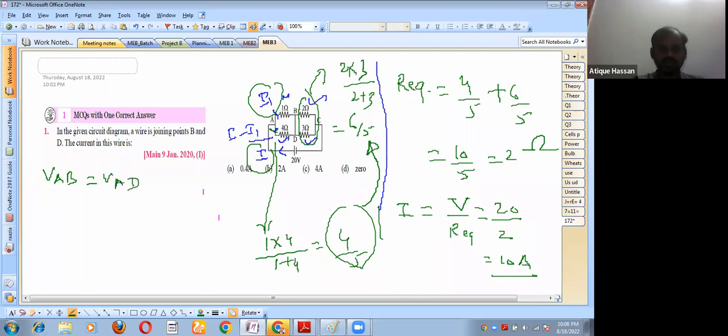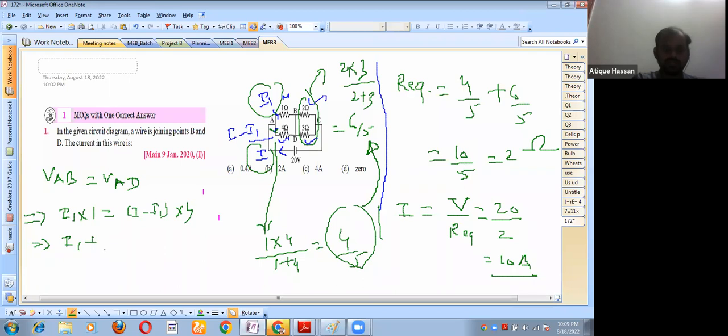VAB will be equal to VAD. Now VAB is I1 into 1, which will be equal to I minus I1 into 4. So from here you can calculate I1.